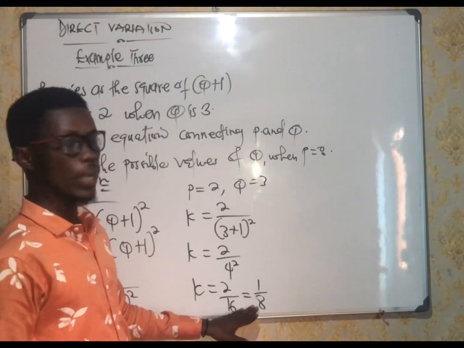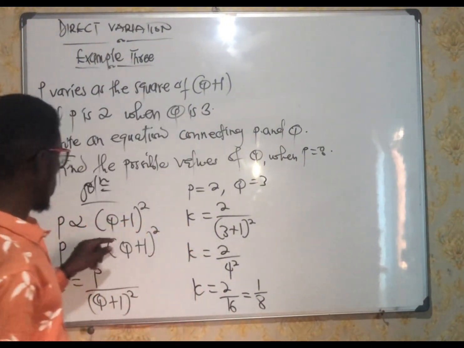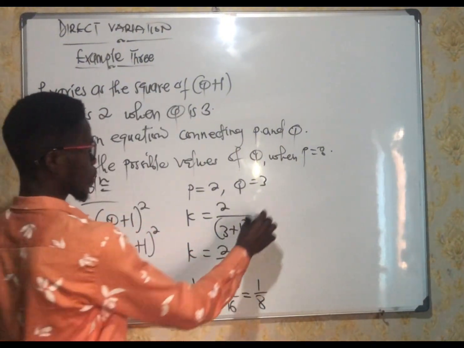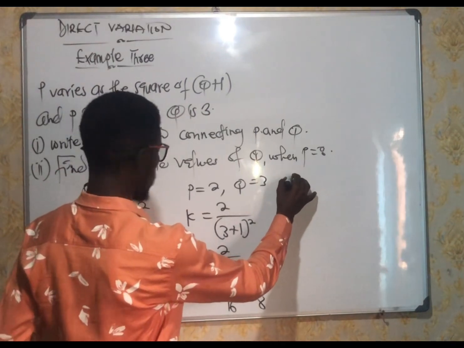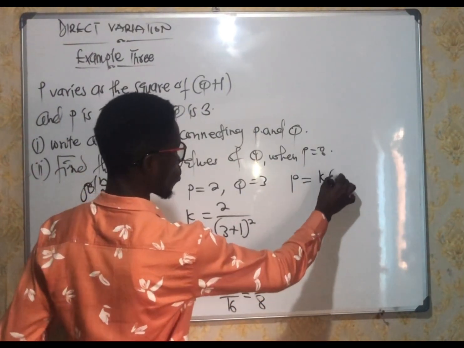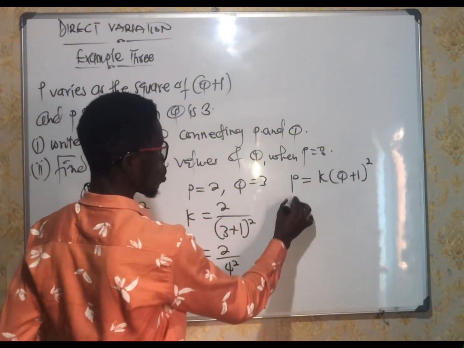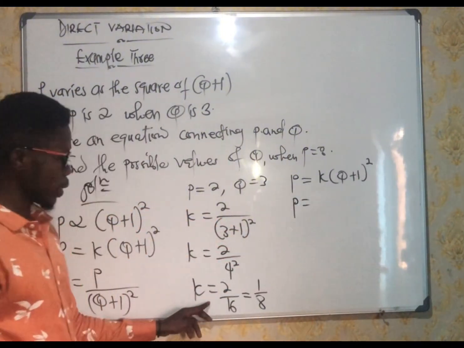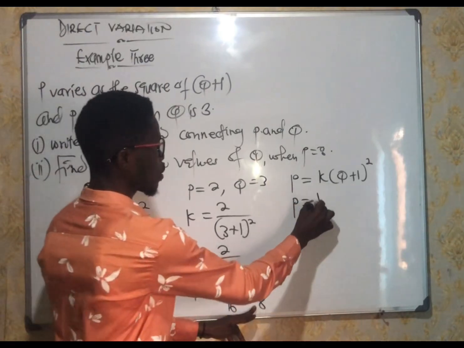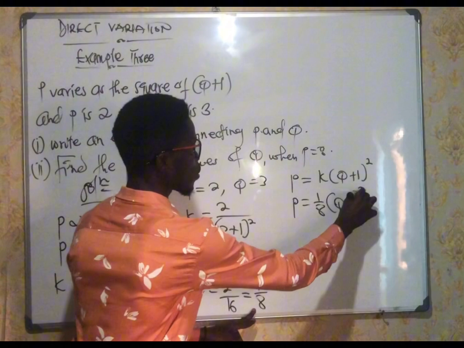So once we have this, we go back to the equation that we have here, which is p equals k(q plus 1) squared. So my k is 1 over 8 (q plus 1) squared.